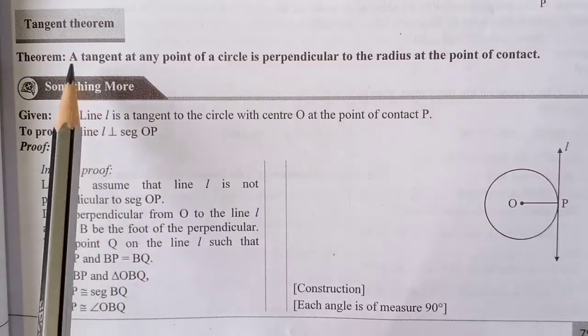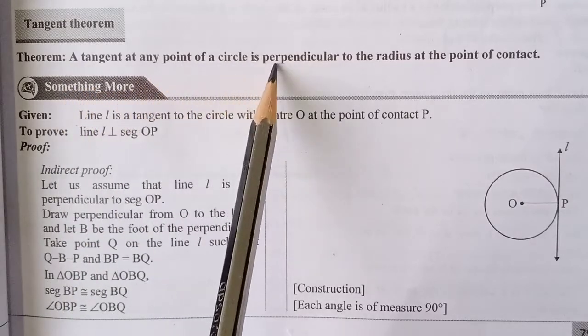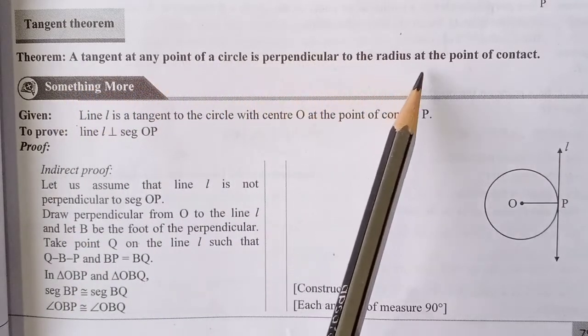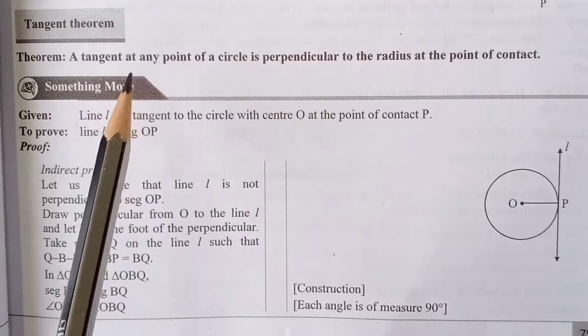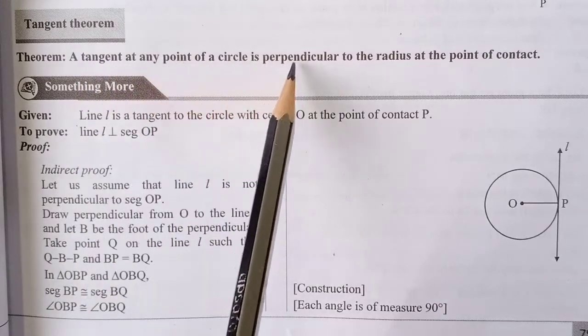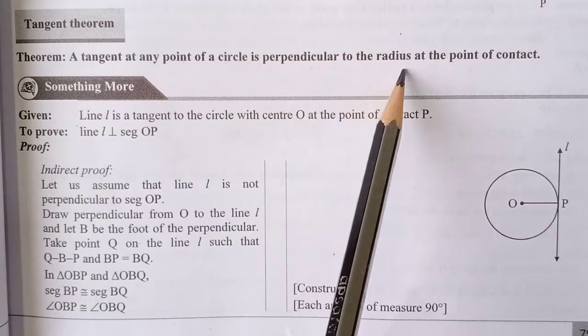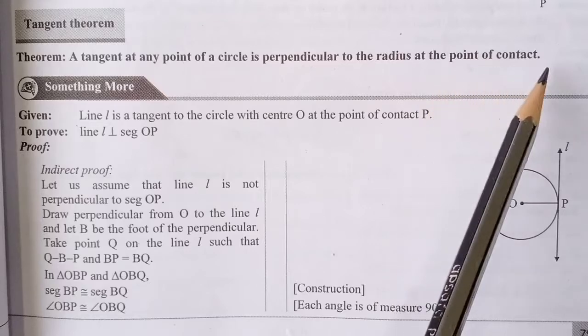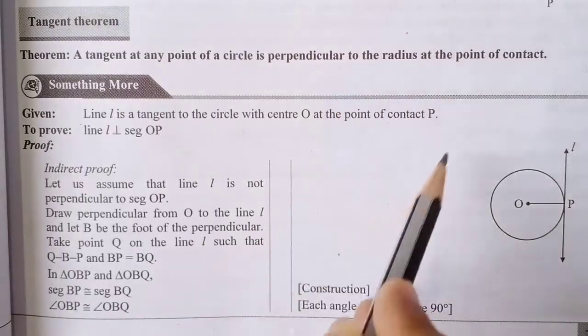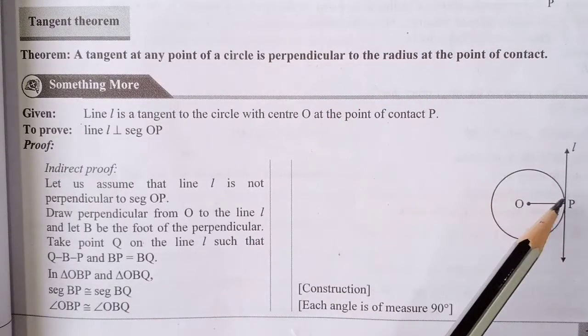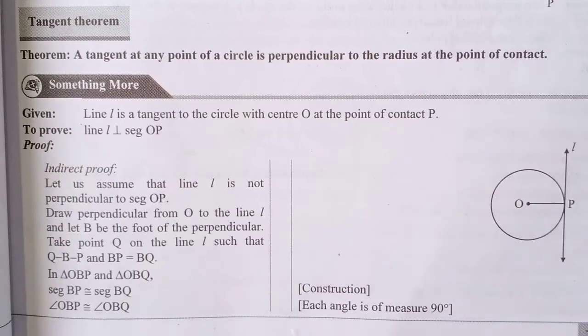Tangent theorem says a tangent at any point of a circle is perpendicular to the radius at the point of contact. That means a tangent of any circle is perpendicular to the radius of the circle, that we have to prove.